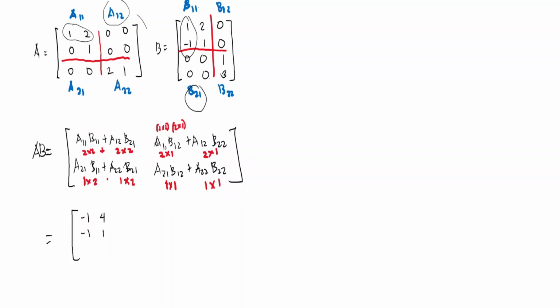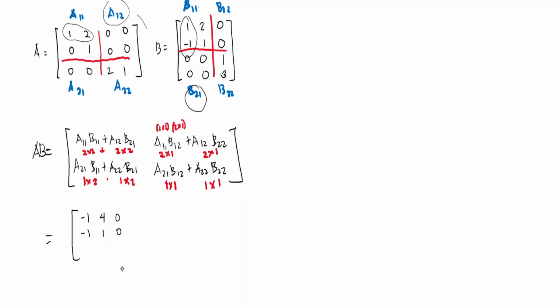And then the result here must be a 2 by 1 matrix. 2 by 1, so 2 rows and 1 column. So we have 2 entries here. So this A11 multiplied by B12, again this is a 0 matrix, so that is a 0. And then also this is a 0 matrix multiplied to this, so the result will be just 0.